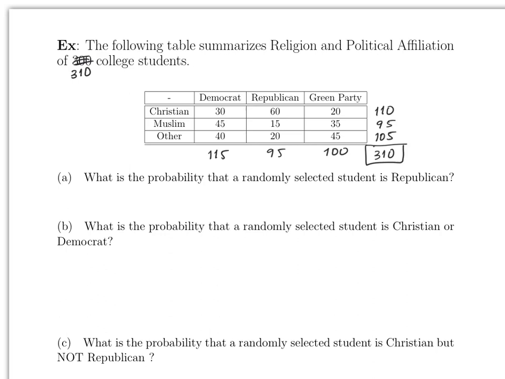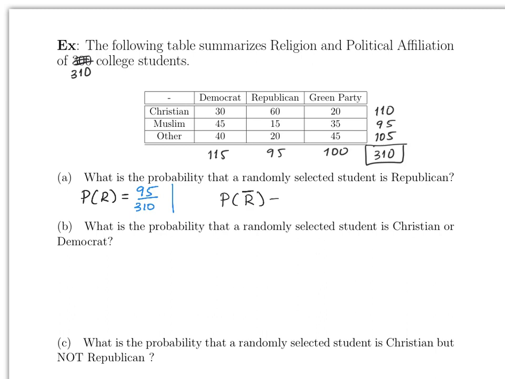To find the probabilities is very simple. Part A is asking you what's the probability that a chosen person is Republican. Well, you have 95 Republicans, so the answer will be 95 over 310. And that's it. Let's say that the question instead asks this: what's the probability that the person is not Republican?